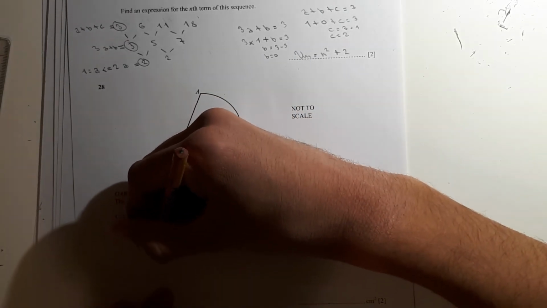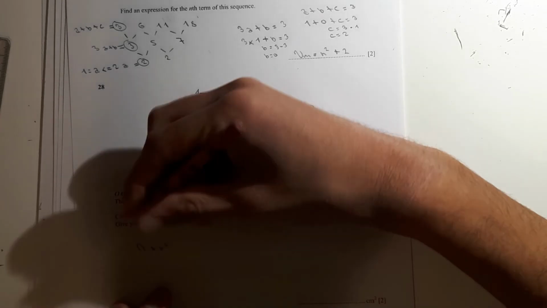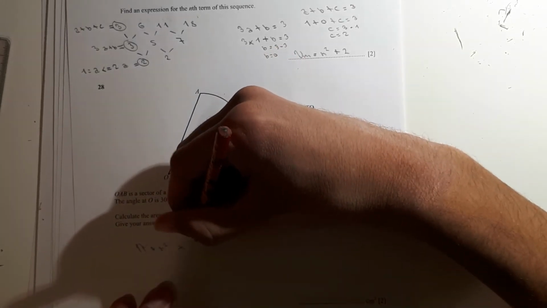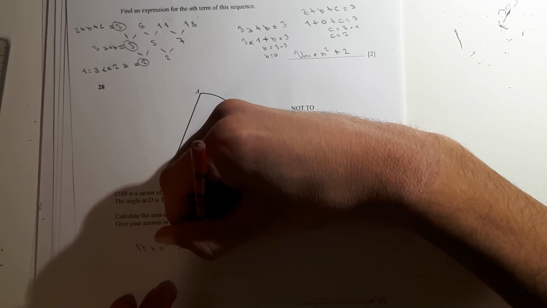So here we have to apply the formula to calculate the area of the circle, but applying it to the angle. So the formula was pi multiplied by the square of the radius, and now we have to multiply it by 30 degrees over 360 degrees. Pi multiplied by 9 centimeters squared, multiplied by this new number.